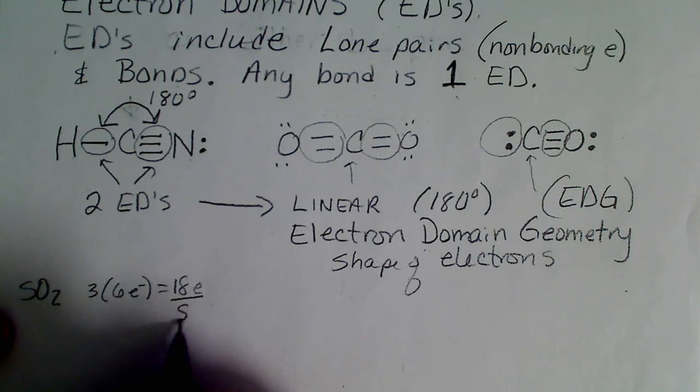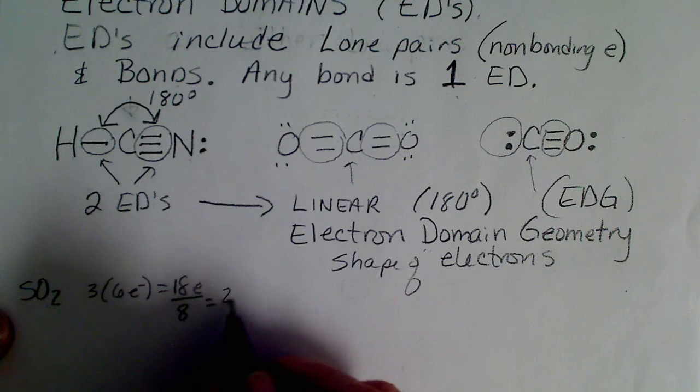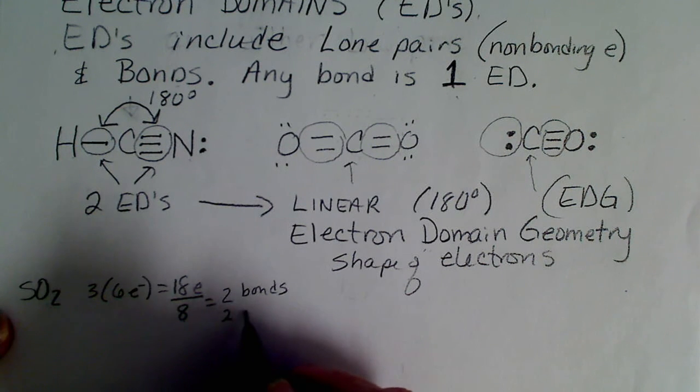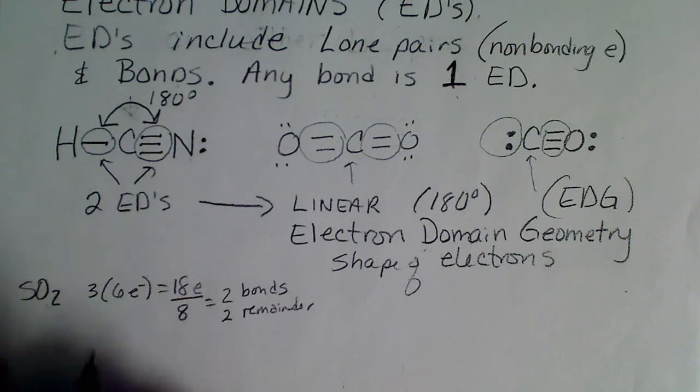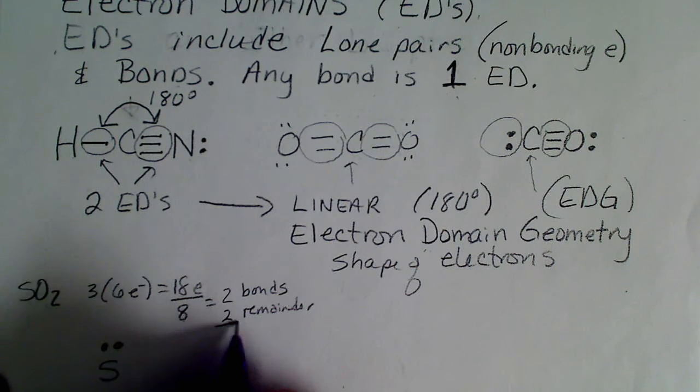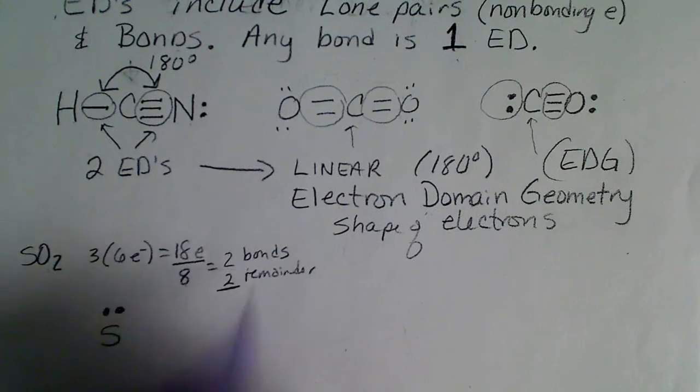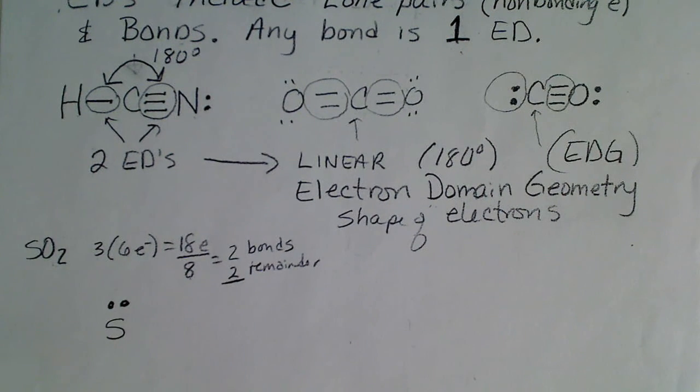We divide by 8, so that gives us 2 bonds and 2 remainder. So we can tell right away that sulfur is going to have 2 dots on it from that remainder right there. And then we still have to know that the 2 bonds don't necessarily mean 2 single bonds.